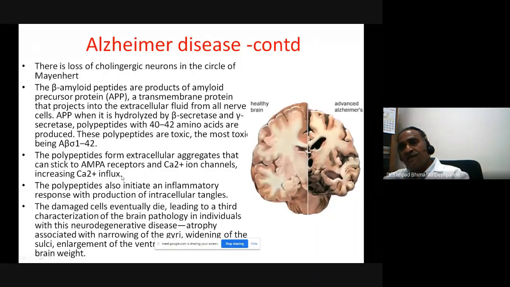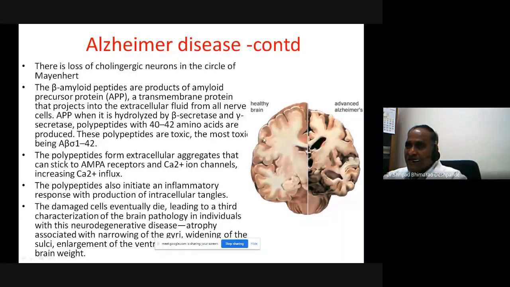The calcium influx results in excitotoxicity and again cellular death. So by two counts, the neuronal cells are killed. That results in the loss of the neurons, and in addition there is an inflammatory response, and this is what happens in case of Alzheimer's disease.